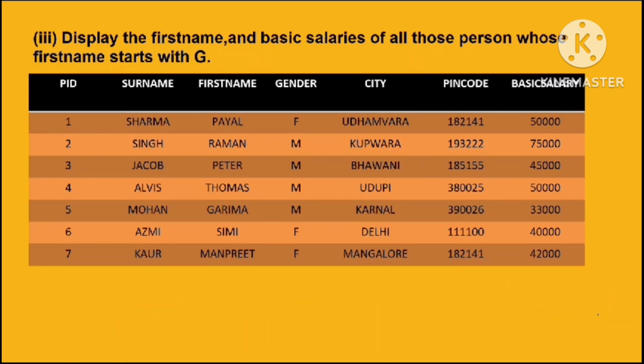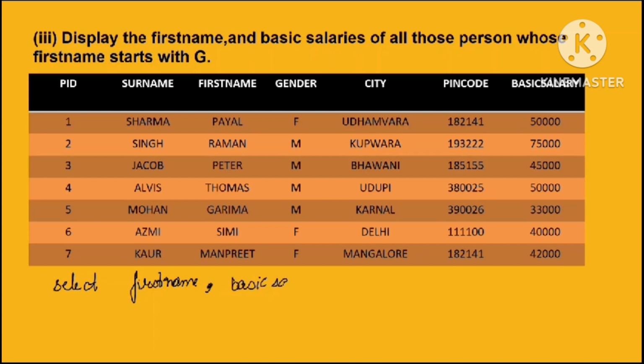Now the next question is: display the first name and basic salary of all those persons whose first name starts with G. The output will be Garima and 33,000. So how will you write the query? For display you have to use select only.